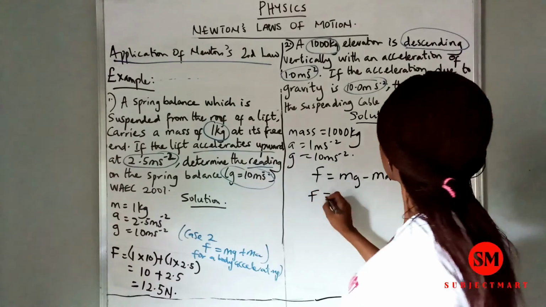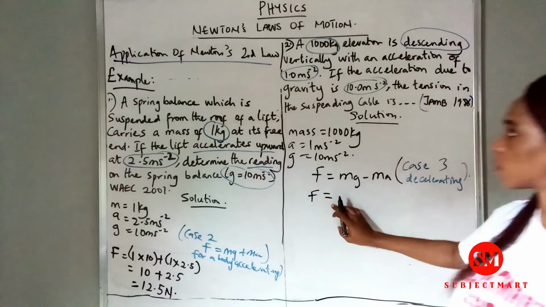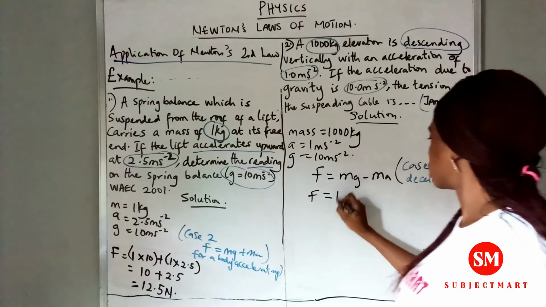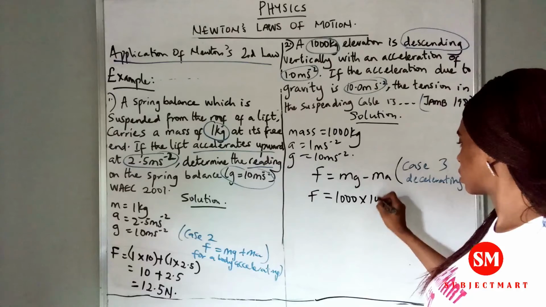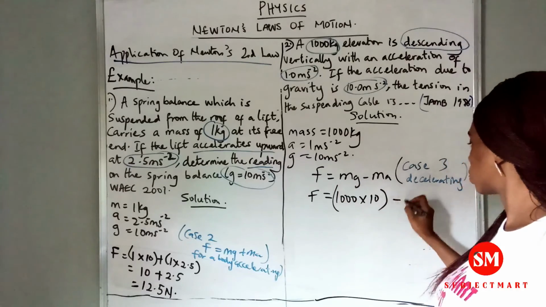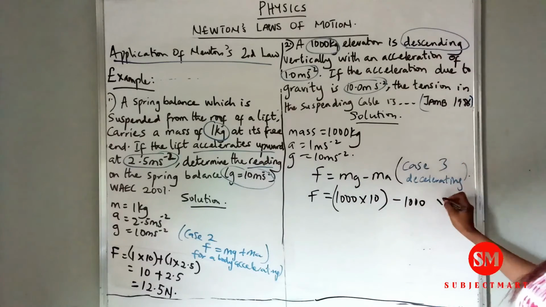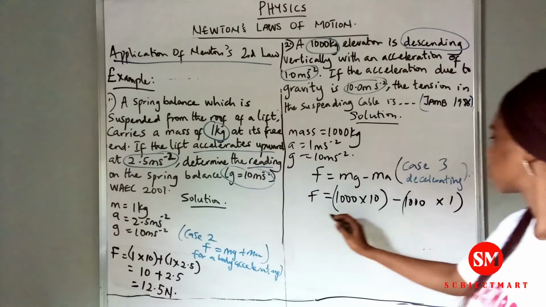So the tension is the same as the force. So we have m, which is 1000, times g, 10, minus 1000 times a, which is 1.